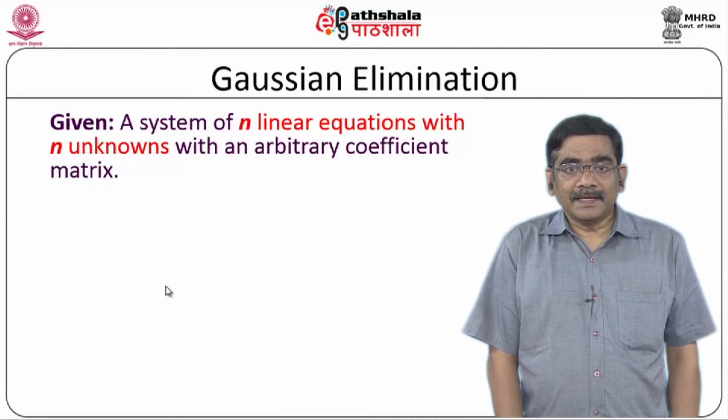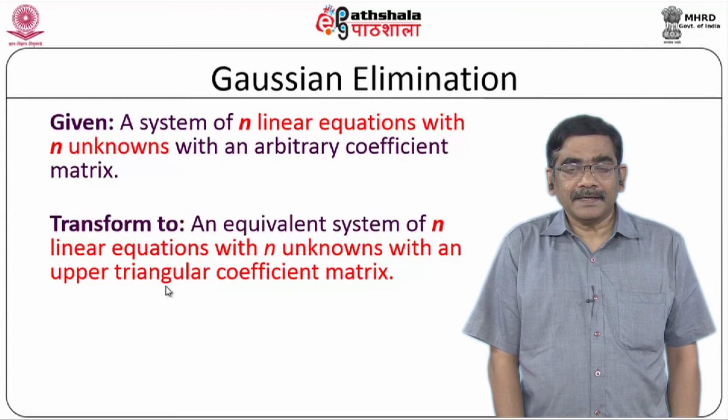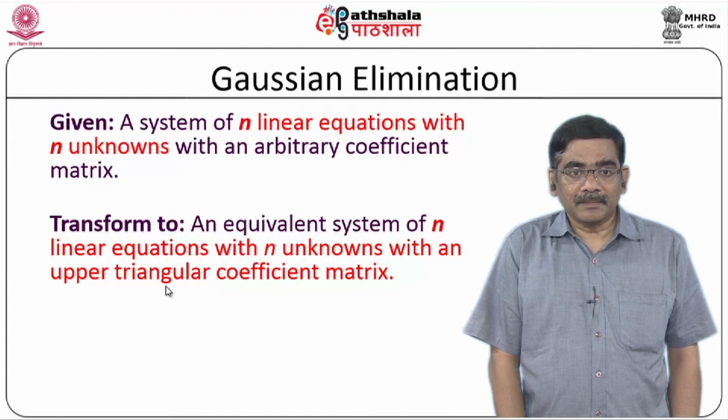We are given n linear equations with n unknowns with an arbitrary coefficient matrix. So, as this design paradigm suggests, we have to transform these equations into a set of equations with n unknowns with an upper triangular coefficient matrix.